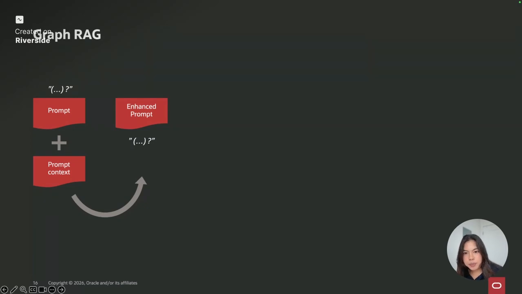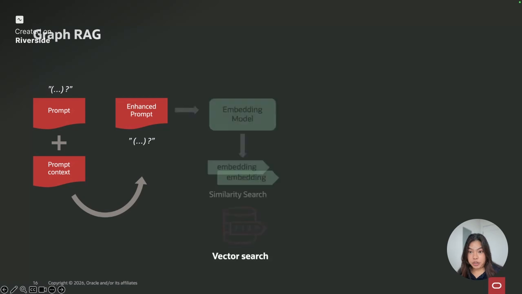So the enhanced prompt gets fed into the embedding model, and the model converts the text into numerical vectors. This basically means a mathematical representation of the meaning behind the question. And then we run similarity search against our vector store to find the chunks. So basically, this is the data stored in our database, and we vectorized it, right? To be able to get that vector value, right?